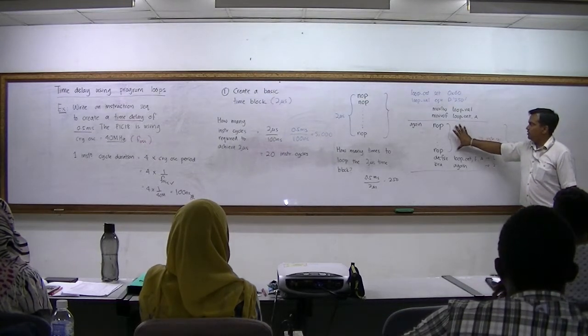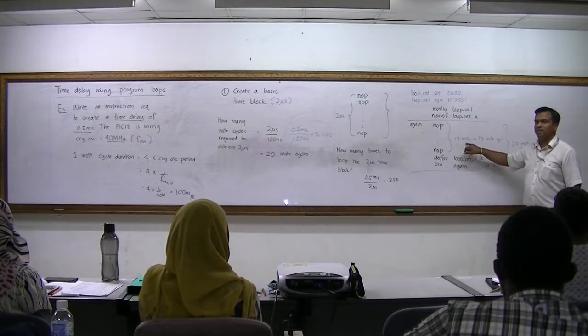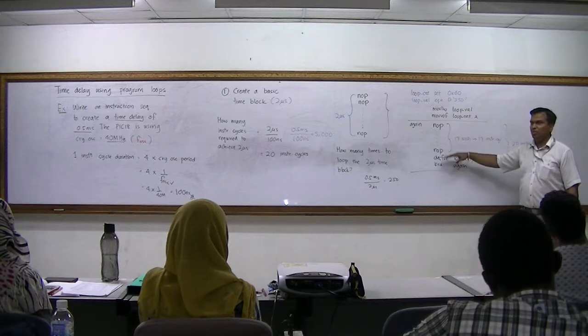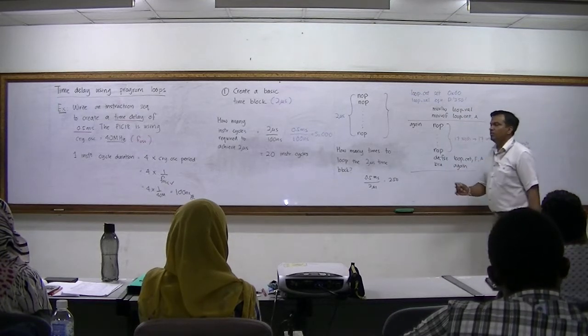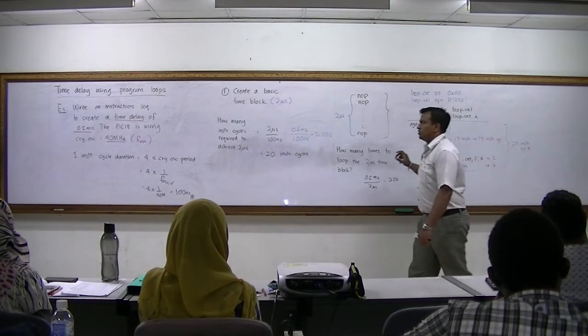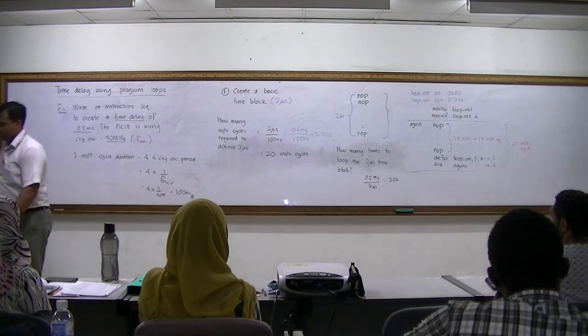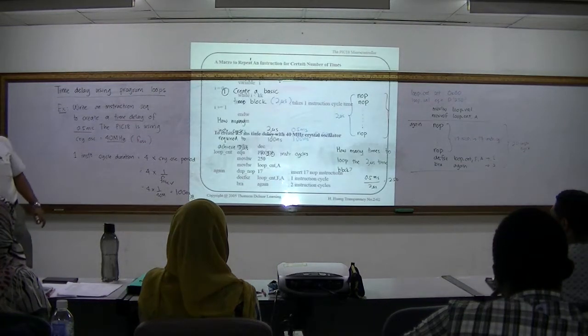This NOP, you're actually repeating this 17 times, right? If you type this 17 times, it's actually quite a hassle. So therefore, for this NOP, what you can do is create a macro. Can you see in the notes?